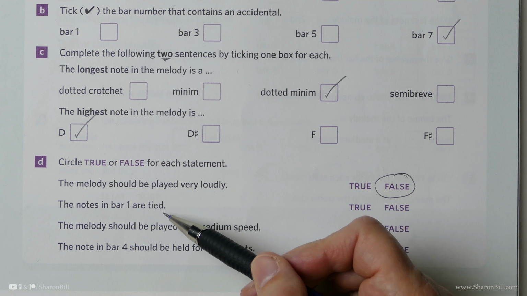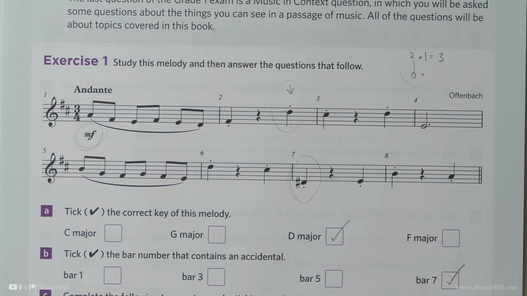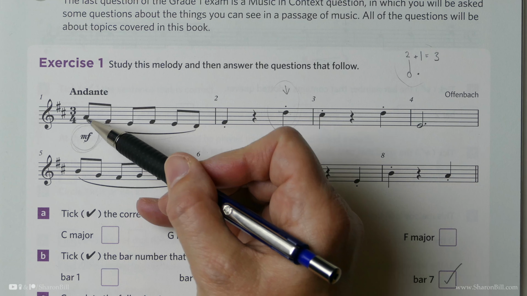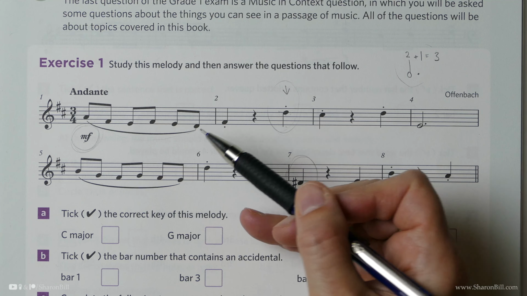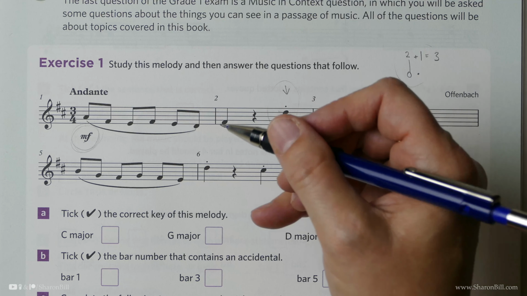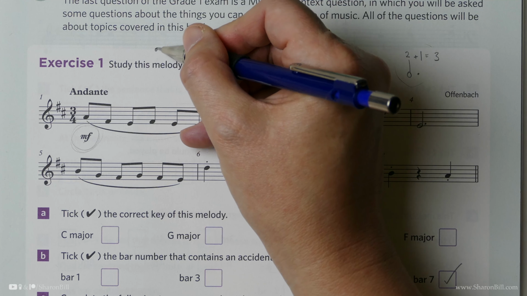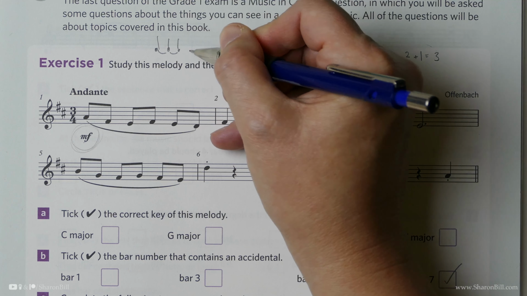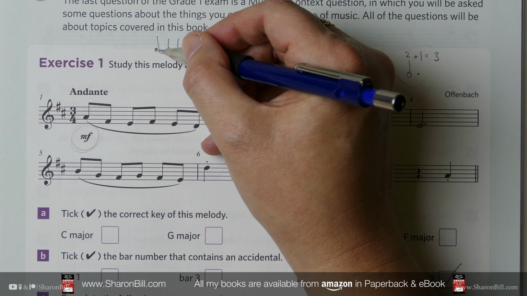Now, is it true or false that the notes in bar 1 are tied? Let's have a look. So we have this here, which could trick you into thinking this is a tie. However, it's not, it's a slur. If you remember, although it's the same shape, a tie is note head to note head individually, and it's always got to be notes of the same pitch.